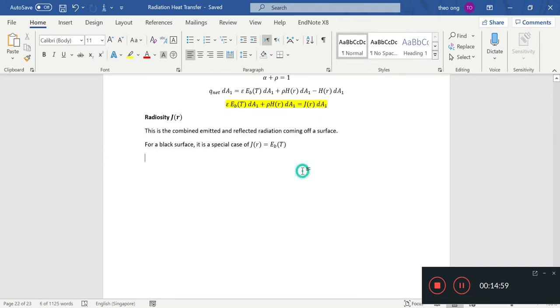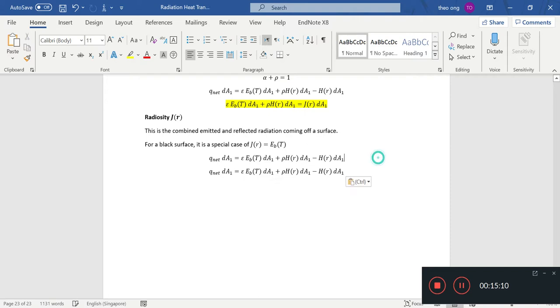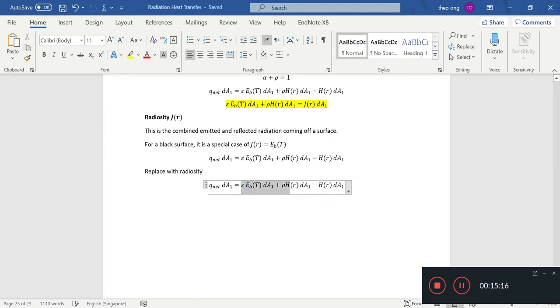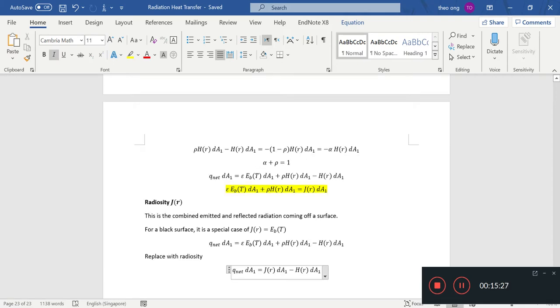So if we move this thing down here, we can replace this whole thing by JR dA1. I'm just going to write that down. And we will have something that looks pretty much like our black body radiation equation. So QNet dA1 equals JR minus HR.